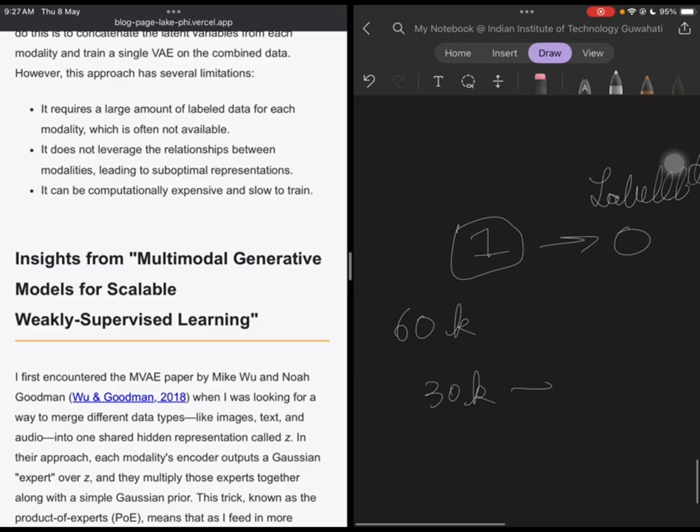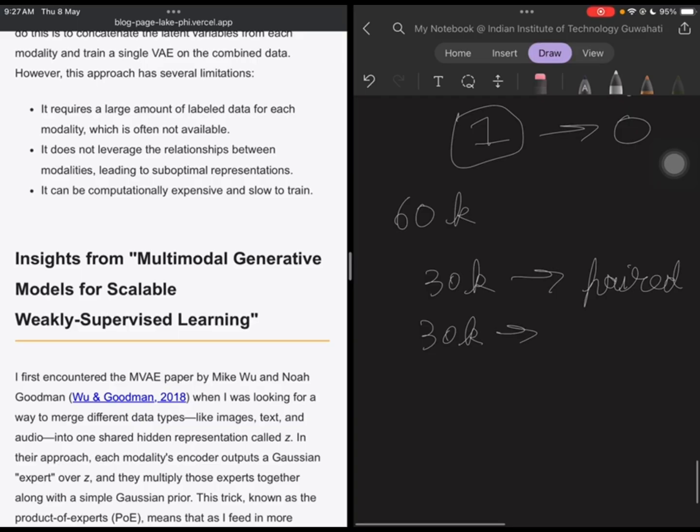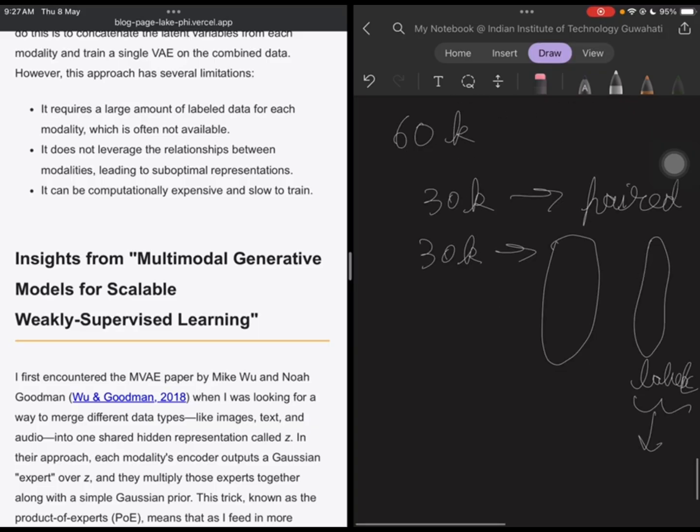For 30K, I kept the paired ones. For the remaining 30K, I broke it into two parts: just the image and just the label. For the label, I did one-hot encoding to make it look like a text embedding, and the image was just the image itself.